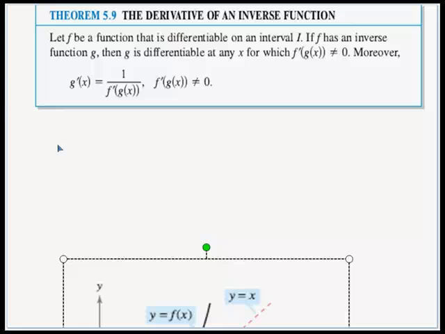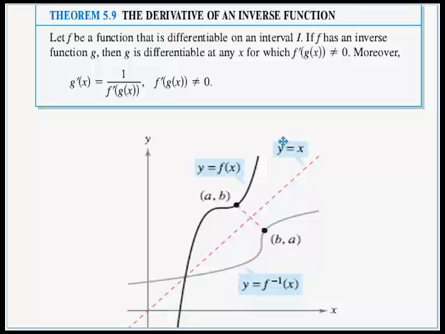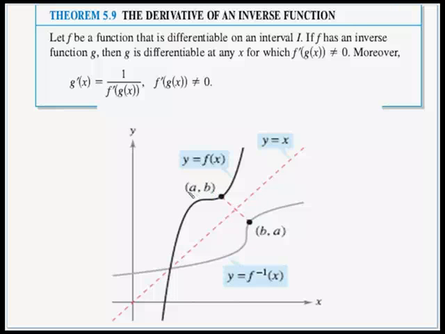Again, let's see if the picture can clear it up a little bit. Back to here, the original function has a point input a, output b. The reflection, or the inverse function, has the reflection of that point. The input is b, the output is a. Now, if we think about slope that this Theorem 5.9 is talking about, here we would have, if I drew a tangent line, let's say that this slope is 4.